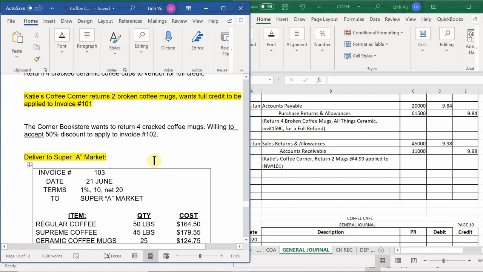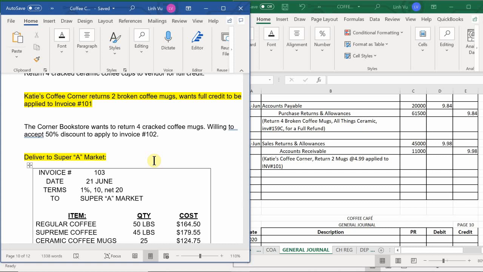The corner bookstore also complained that he wants to make a return on 4 cracked coffee mugs. But he's willing to accept a discount amount. So in this case, he gets 50% off.